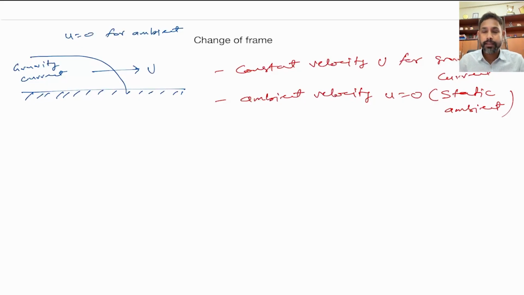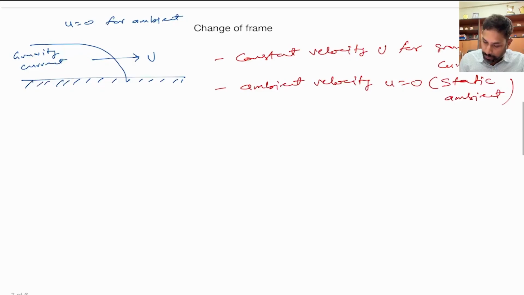Okay, so this is the condition we have, but now we want to do the change in frame.